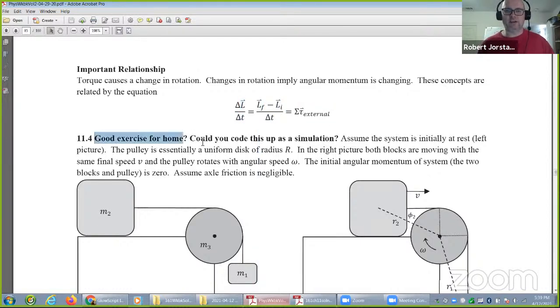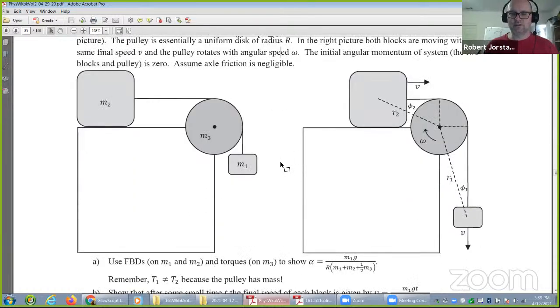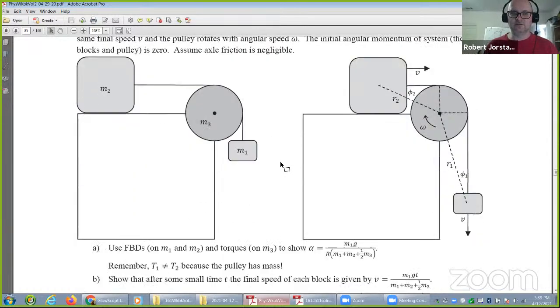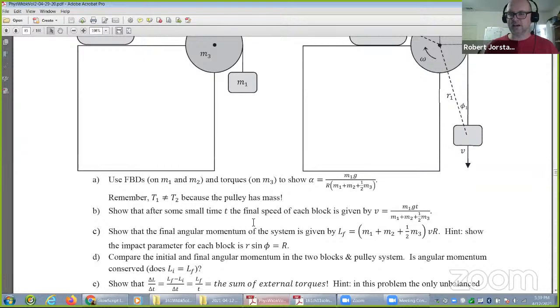Now, before we take the break, I'll mention this problem. This is probably a good exercise for home. I was trying to imagine a problem that you could use to code up a pulley problem. And so when you look at this one, you could do FBDs and torques to get the angular acceleration. In this case, because there's a torque, there's a change in angular momentum.